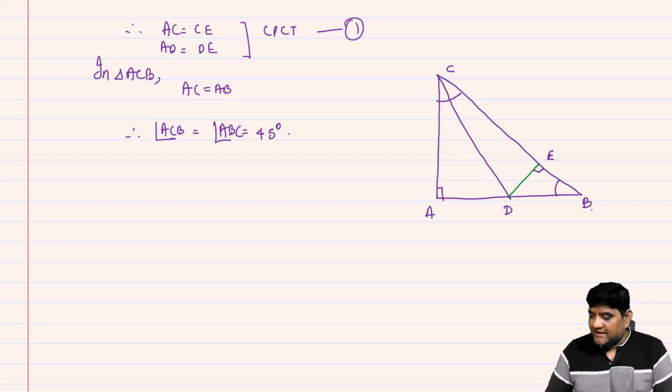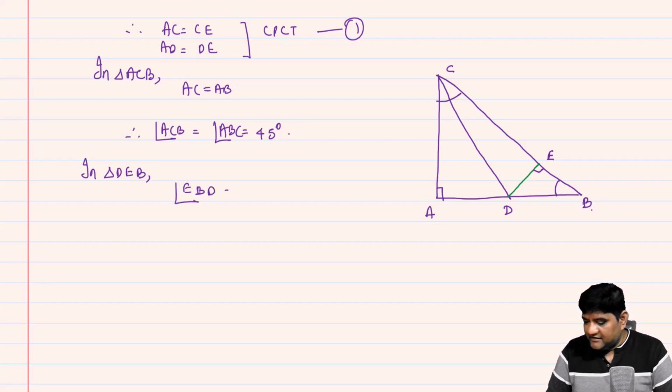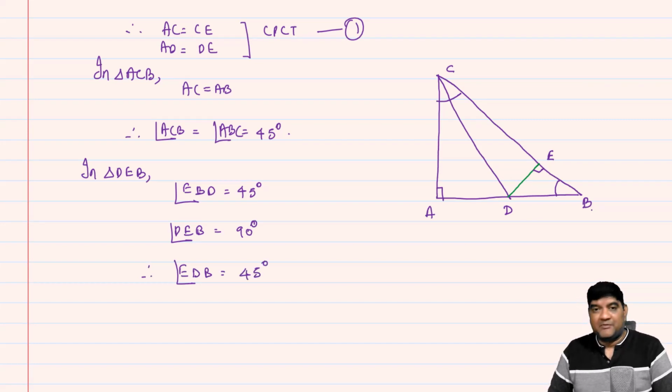Let's now focus on the smaller triangle DEB. In that triangle, angle EBD is 45 degrees and angle DEB is 90 degrees, and that would mean angle EDB is equal to 45 degrees, again by the angle sum property. This would also imply that triangle DEB is isosceles in nature.